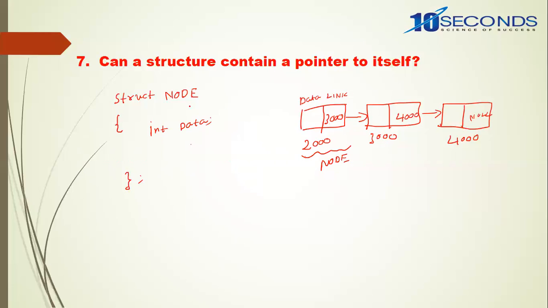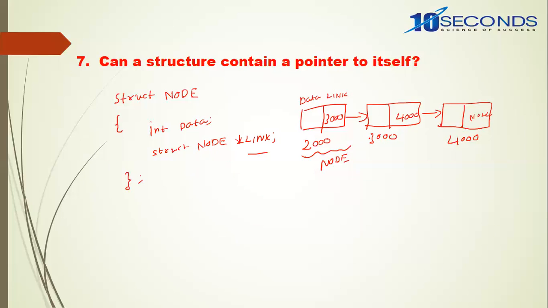One node. So here the struct node star link. So here link is a pointer variable, holds the address of a node.